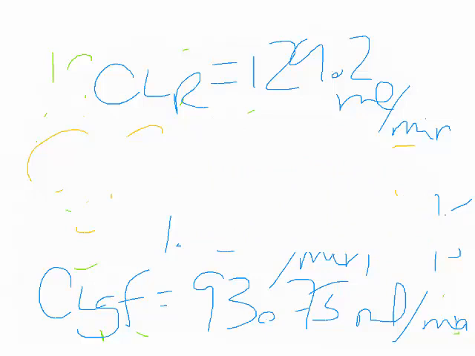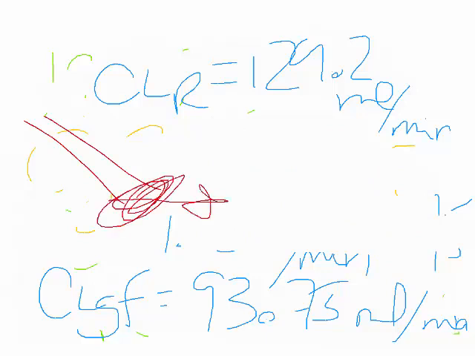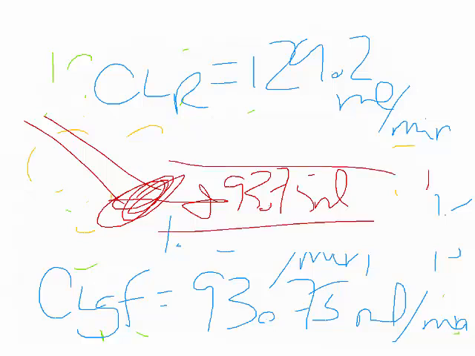So if 93.75 mils per minute are coming in through the blood into the glomerulus, and out here the filtration is 93.75 mils per minute. And we also know that at the end of the nephron, 129.2 mils per minute is coming out, is being cleared eventually.